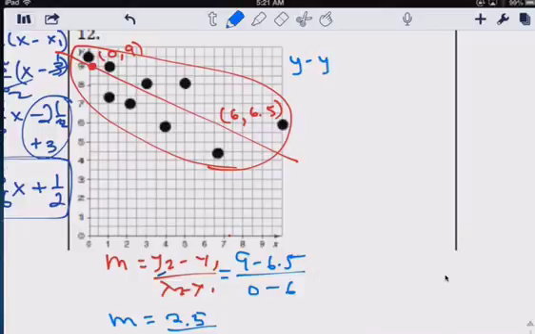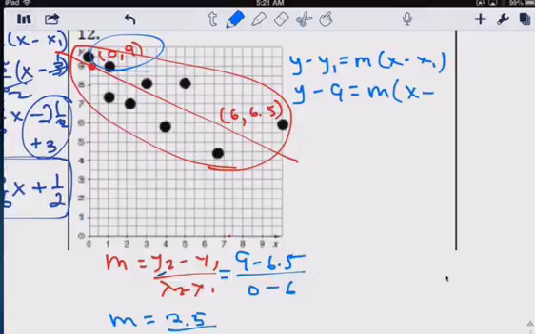y minus y1 equals m parentheses x minus x1. y minus, I'll use 0, 9. y minus 9 equals m, negative 0.42, parentheses x minus 0.